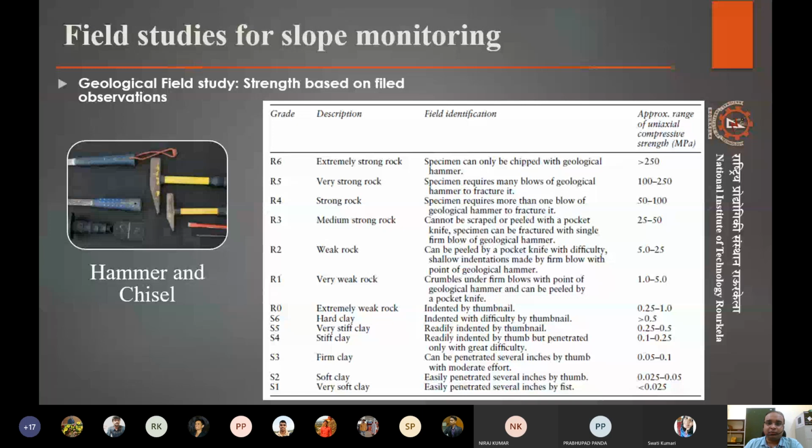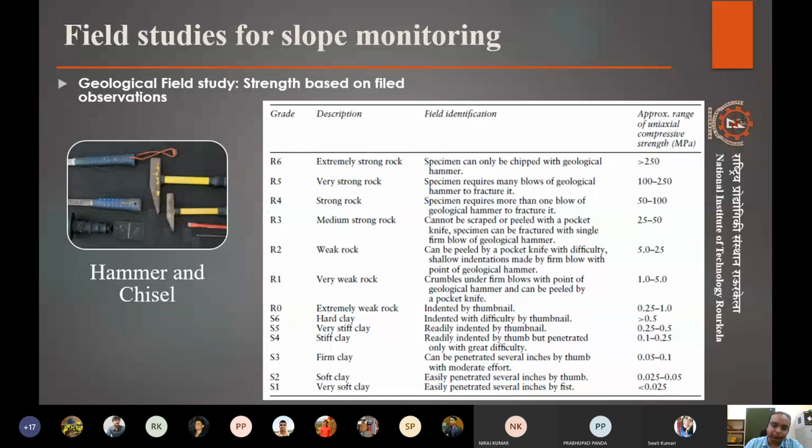Or a few guys might have much more power, and can hit it and break it in one go. So that same rock has two different meanings for me and you, right? So that's why, again, the same group should be taking these readings, right?